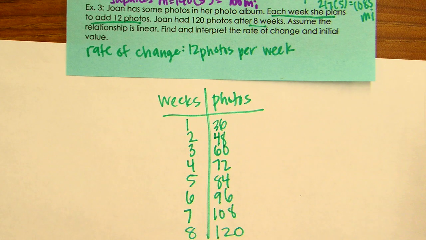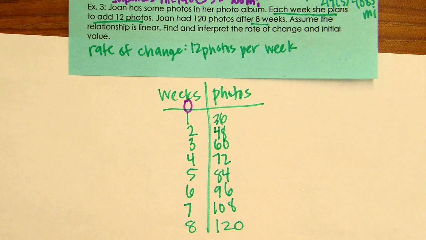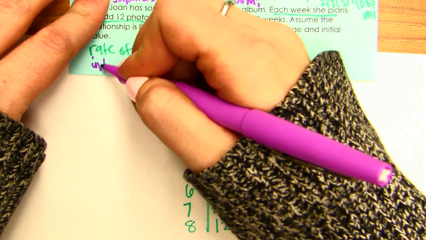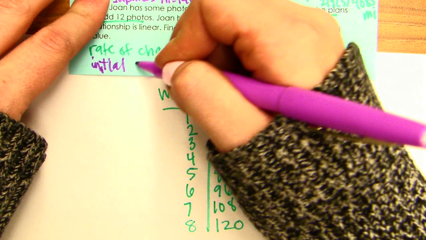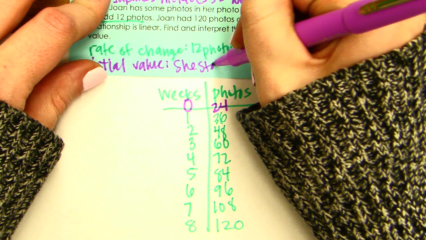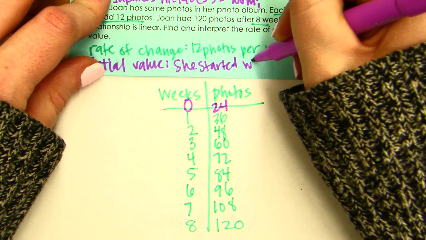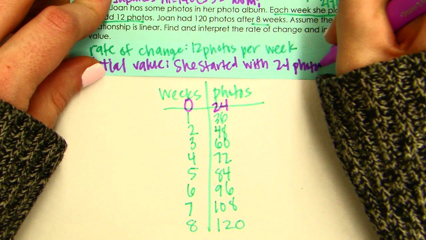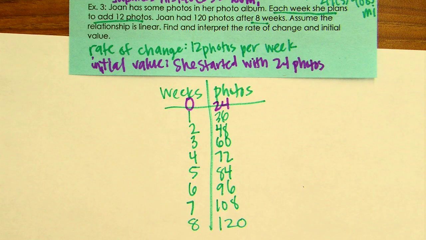At week 0, she would have 24 photos. So the initial value means she started with 24 photos.